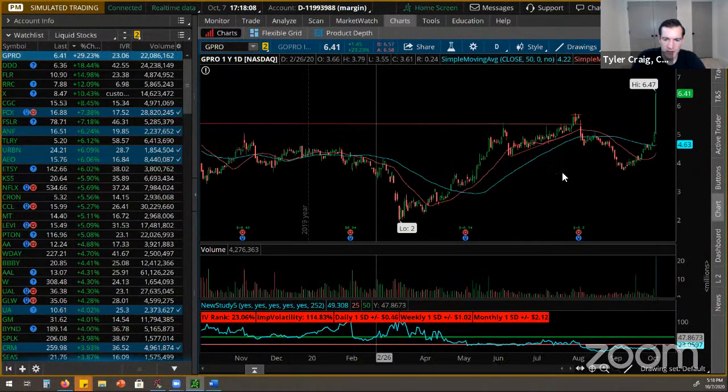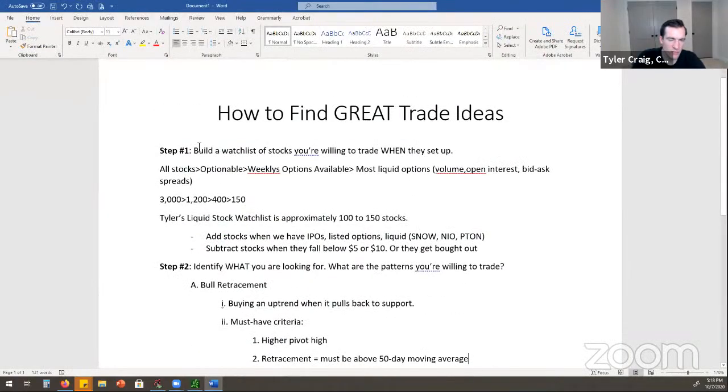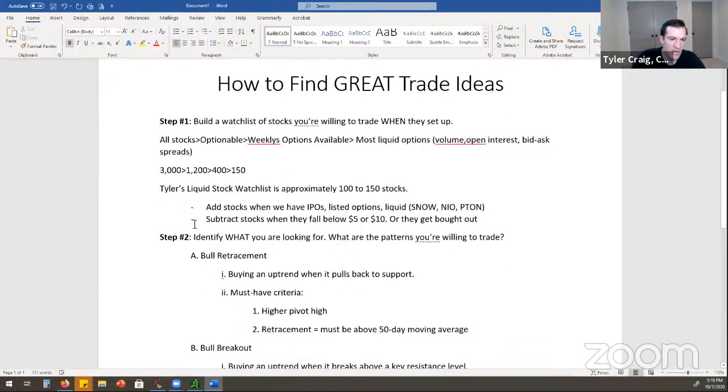Okay. Let's go to step 3 here. So step 1, I've got a good watch list. Step 2, I know exactly what I'm looking for. I've got it in my mind's eye. I found a perfect example. I printed it out. I put it on my fridge. And every morning when I'm going for the orange juice, I look at the pattern. It's in my mind's eye. Now, as I go through charts, I don't have to wonder if it's a bull retracement.